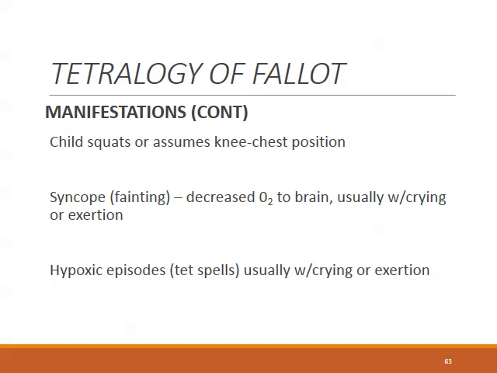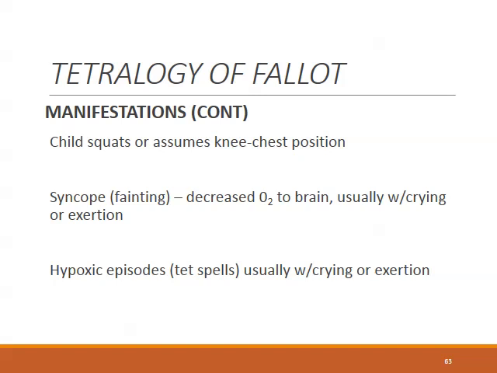Some other manifestations you're going to see: they're going to have problems breathing, so they squat or assume a knee-chest position. Syncope, or fainting, so they're going to have decreased O2 to the brain, usually with crying or exertion.